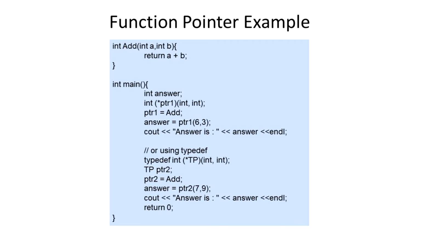So that in the line underneath that, rather than writing add there, followed by the parentheses, we can actually replace that with PTR1 so that we dereference that pointer pointing towards the location where that code is stored for the add function, and then we can pass it those two integer values, 6 and 3, pass it to the add function, add them together, and then return them, which is 9, and then store that in an integer variable called answer. And then we just print out the answer.